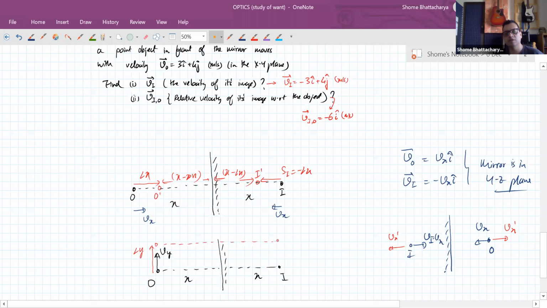So the image will also have to move here by the same distance delta y, so that this remains the same. So this shows you that if the object has a velocity vy j cap, then that will produce an image velocity which is also vy j cap, because again the mirror is in the yz plane.